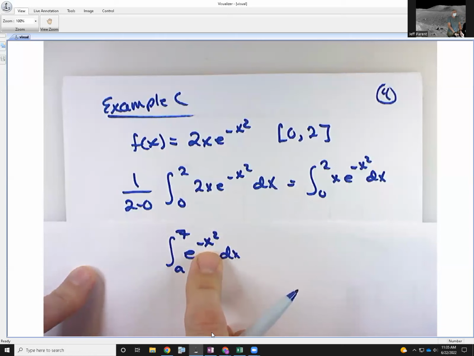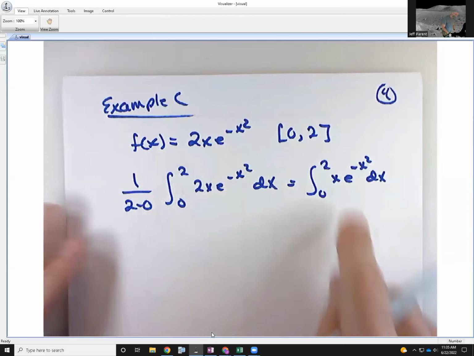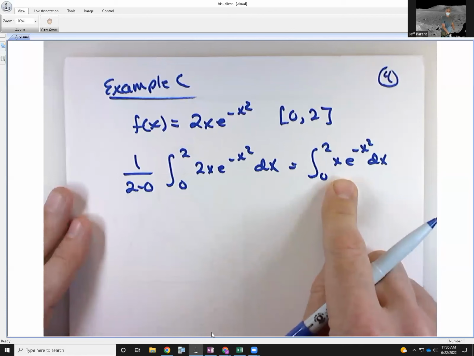There just isn't one. So if you're going to try and find the area between this point and this point underneath this curve, how do you do it without an antiderivative? That's when you start using numerical methods like the trapezoid method and Simpson's rule. But for now, we're in better shape. We can do something here.